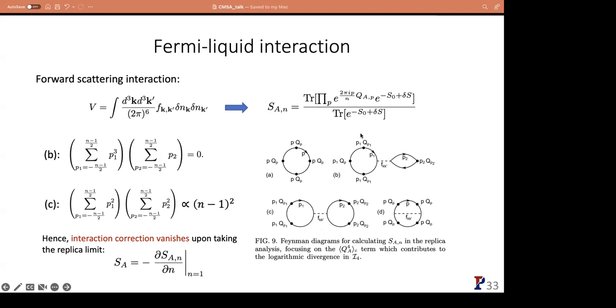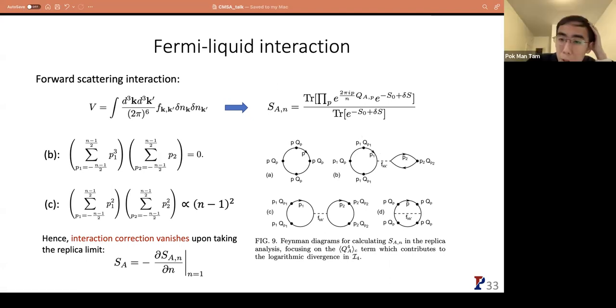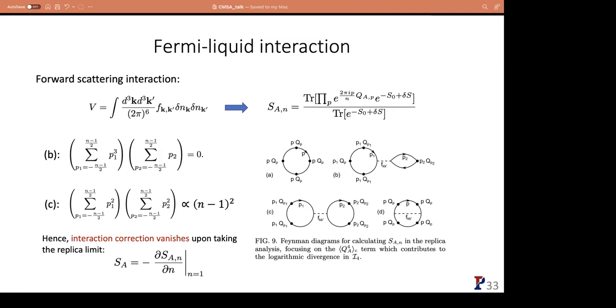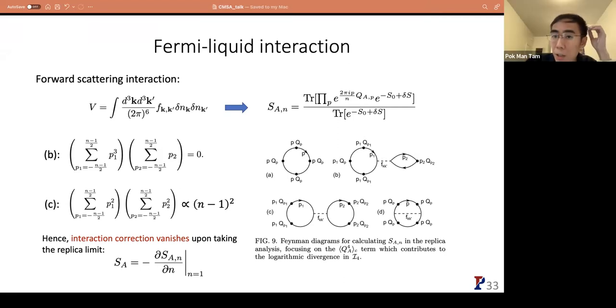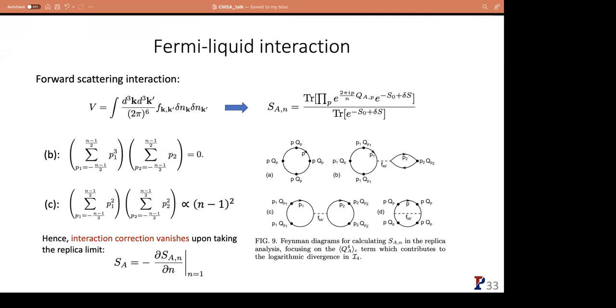We have Q to the power 2. For Q to the power 2, the contribution of this term does not vanish, just like in the non-interacting case. You can have Q squared, but the Q squared would anyway be canceled out when you calculate the multipartite mutual information. I am not entirely sure, so maybe I should check it.